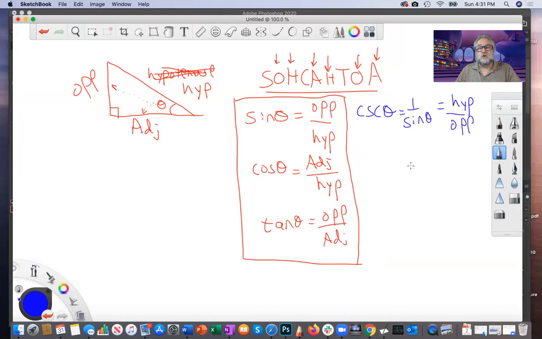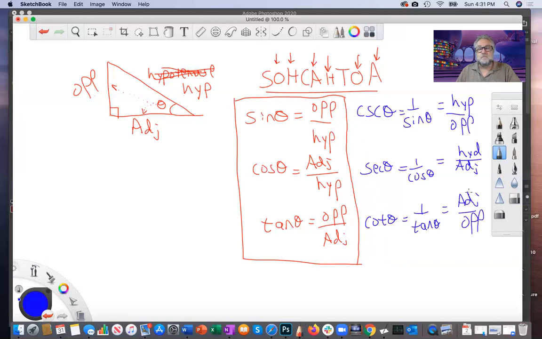And 1 over cosine theta is secant theta, which is hypotenuse over adjacent. And I guess we need a divider. And cotangent theta is 1 over tangent theta, which is this gets flipped over, adjacent over opposite.